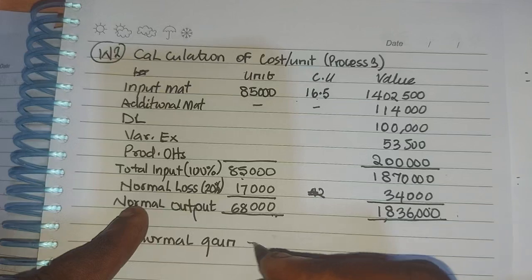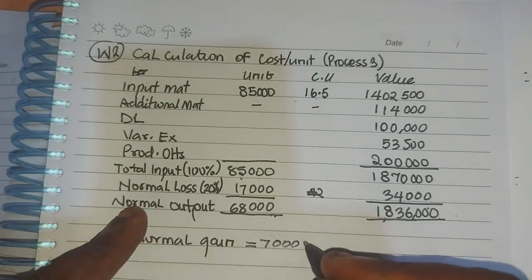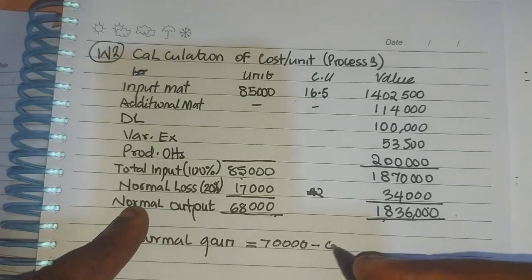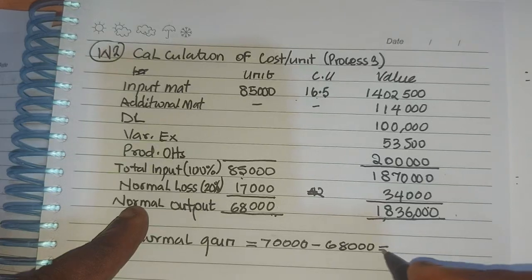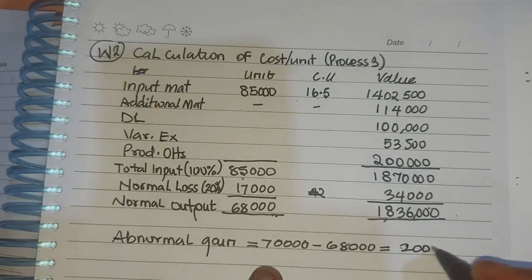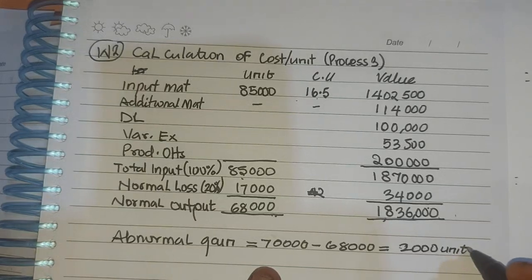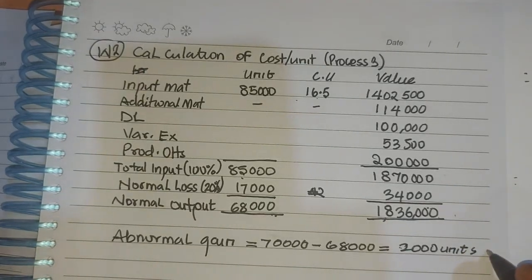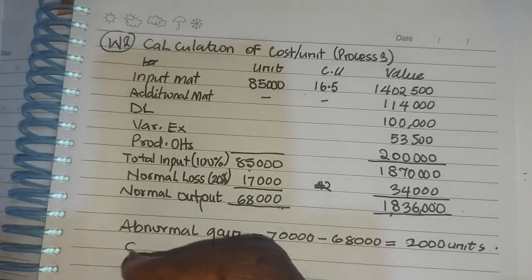So we have 70,000 minus 68,000, and this will give you 2,000 units.